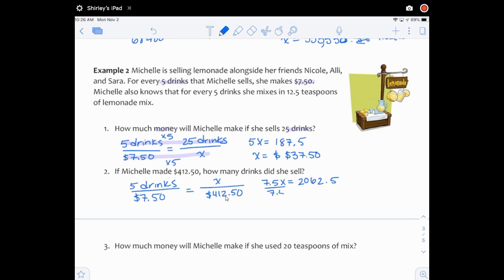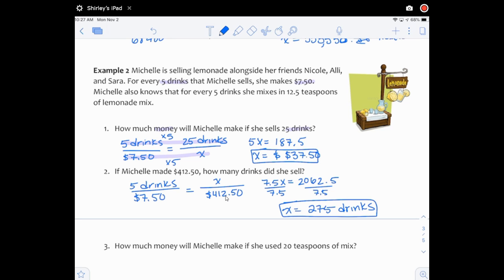Divide by 7.5, and we get that x is equal to 275 drinks. So it's all about setting up your proportion, making sure your labels match, set up one side with what you know, set up the other side with what you're looking for.